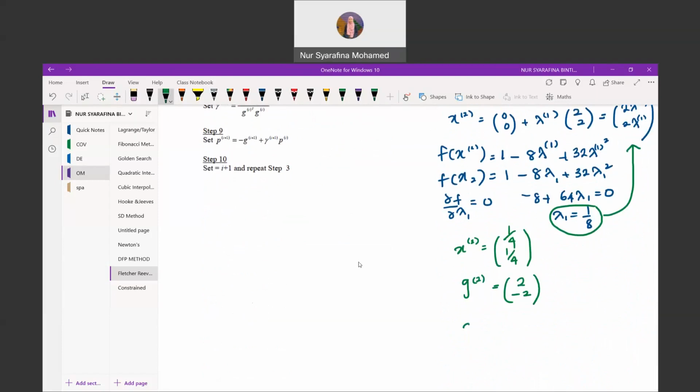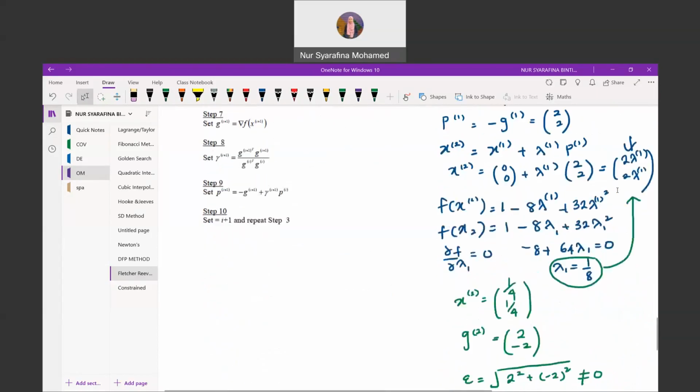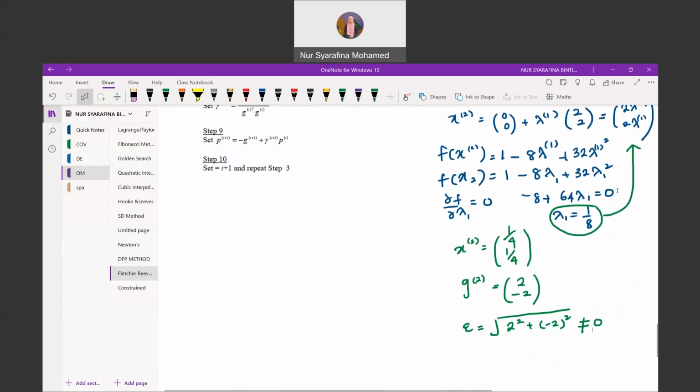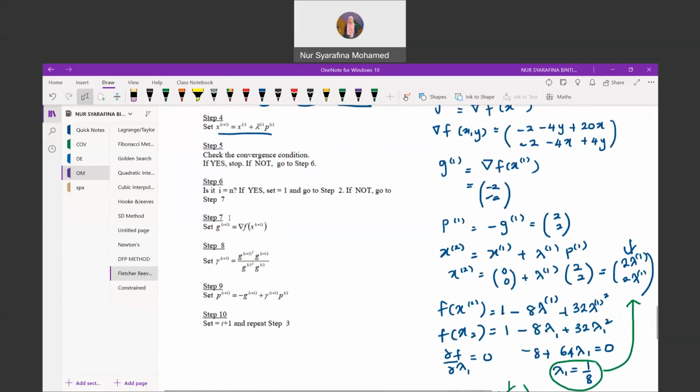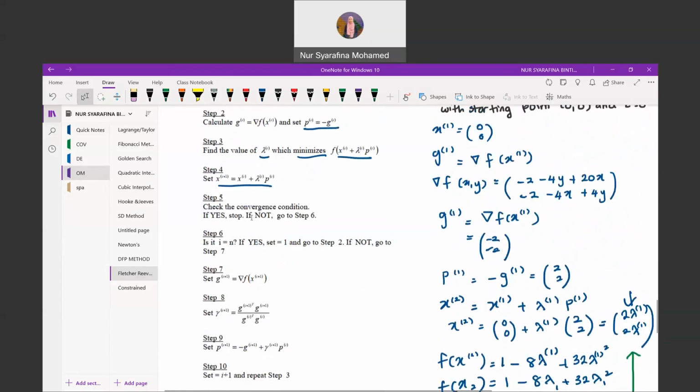So calculate epsilon by 2 squared plus (-2) squared, which is not equal to 0 yet, because our stopping criterion here is 0. Then proceed again with finding P2. Okay, next step is what? We find G2, we find gamma, and we find P2.